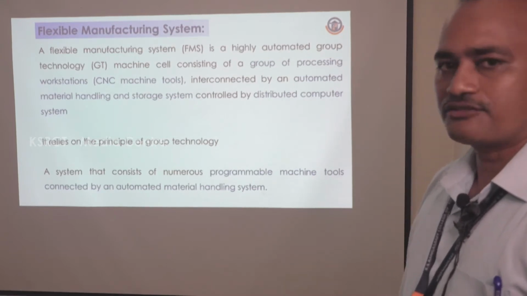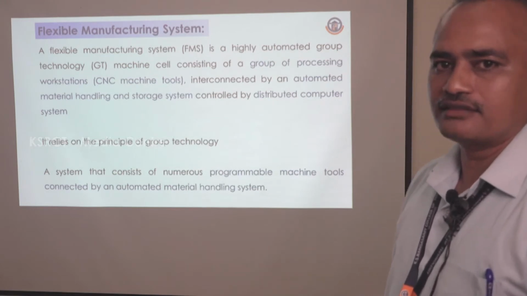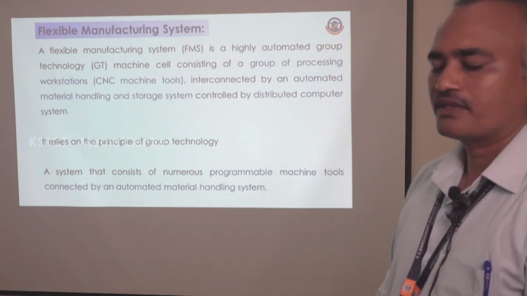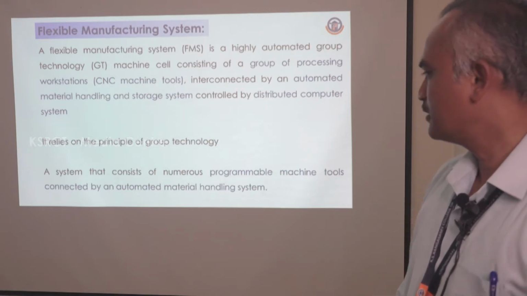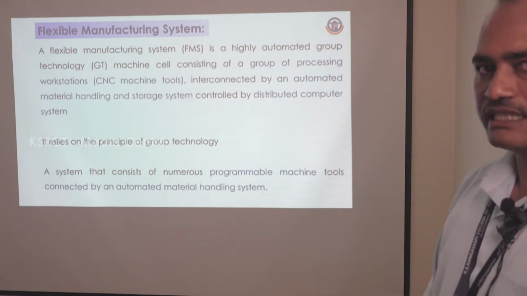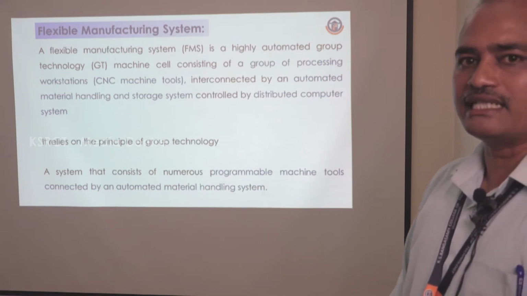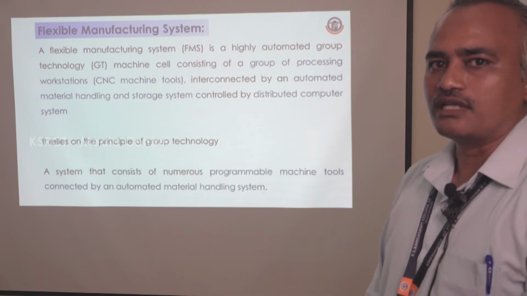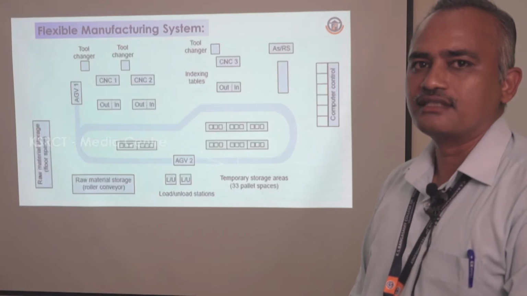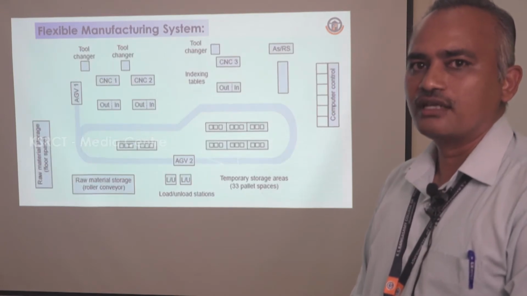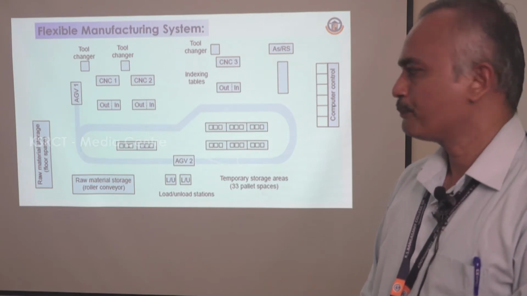It relies on the principle of group technology, and we can define the flexible manufacturing system as a system that consists of numerous programmable machine tools like CNC, which are connected by an automated material handling system. Normally a flexible manufacturing system contains a number of workstations similar to CNC machine tools, which are very much useful for manufacturing operations.